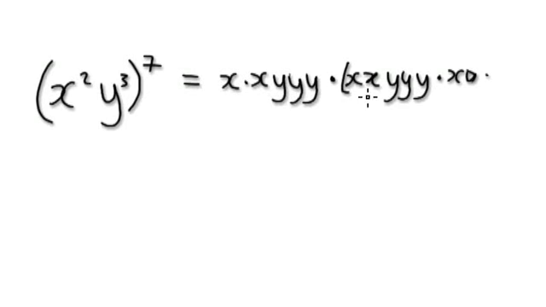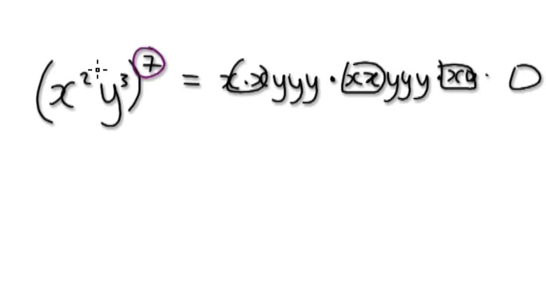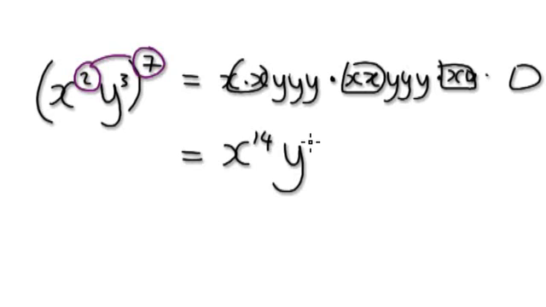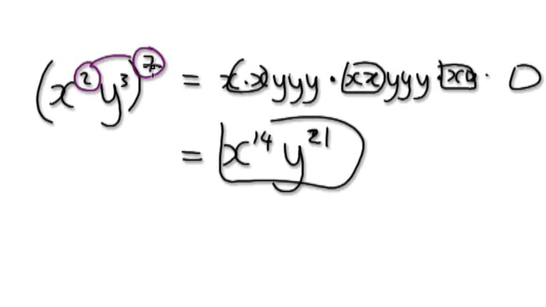If you get all the x's together and merge them all together, you would get this times this, so it would be x to the power of 14, y to the power of 21. It would be this times this.